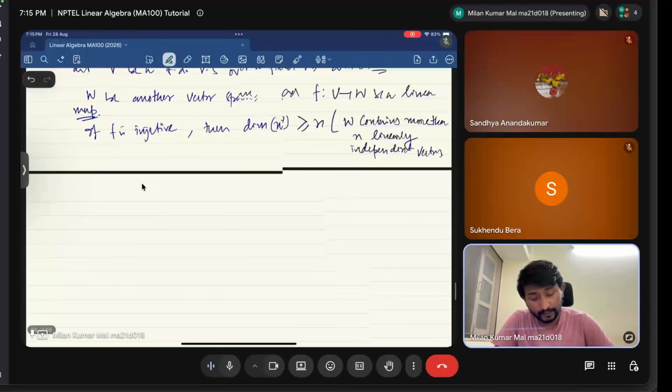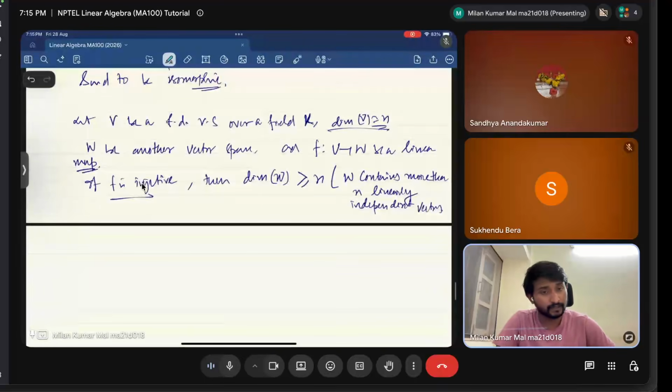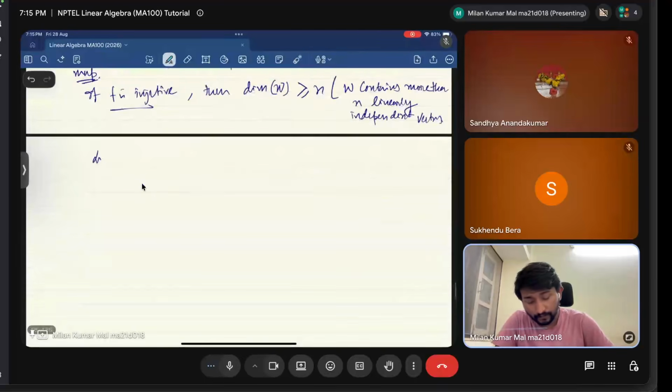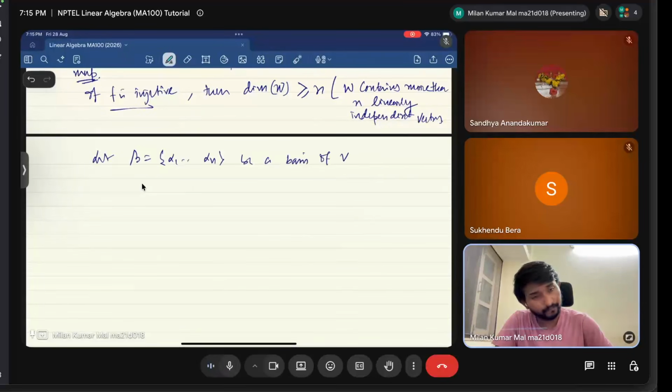Suppose f is injective and V is a finite dimensional vector space of dimension n. Let beta equal alpha 1, alpha 2, up to alpha n be a basis of V. The basis means that every vector in the vector space V can be written as a linear combination of those vectors, and that is also unique. But the most important point is that the basis is linearly independent and spans the set.